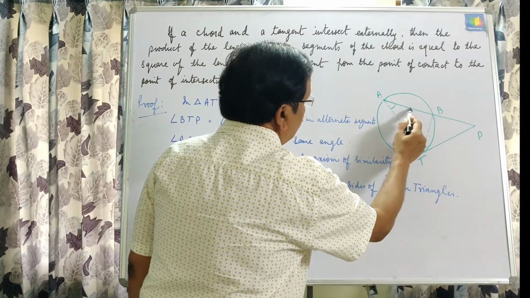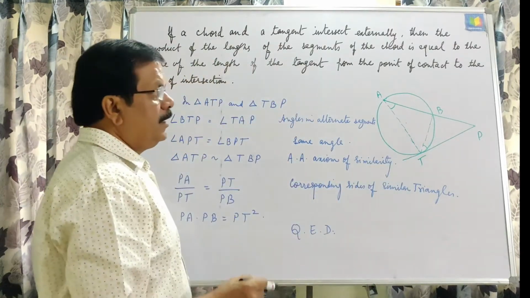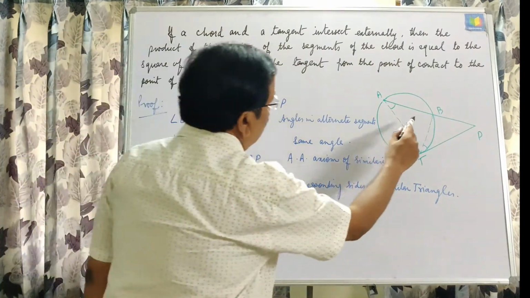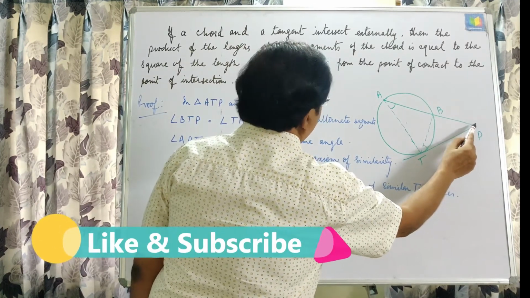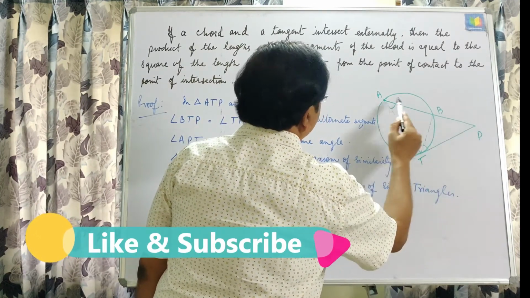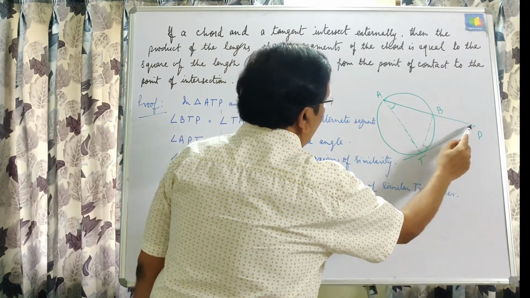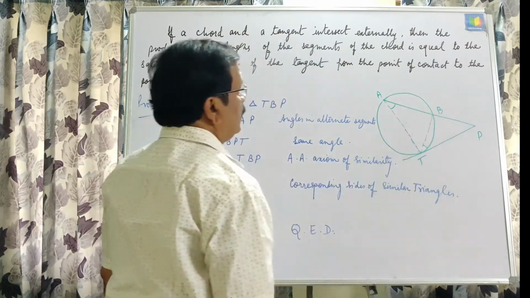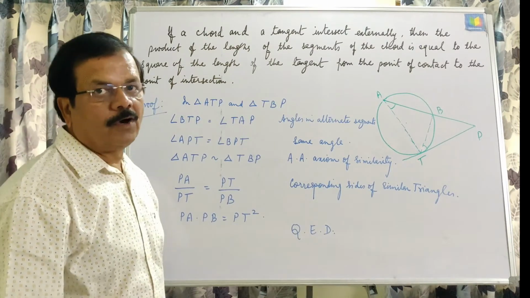If P is here, then this is the internal division of the chord, and if P is here, then we can say the point P divides this chord into two segments externally, and the segments will be PA and PB. This is called external division of a chord.